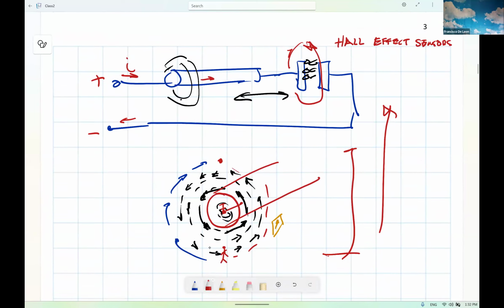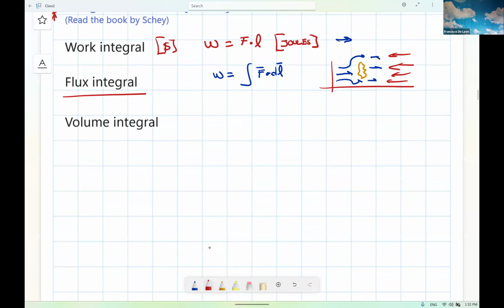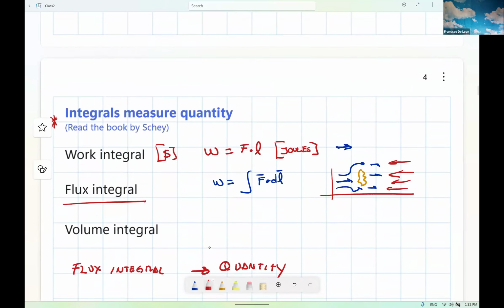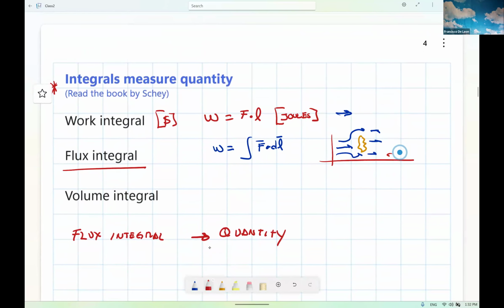So that is what the flux integral measures. The flux integral is exactly giving you a quantity. So say you are putting this force in here and you want to know how many cows you have been able to put into a corral, right?